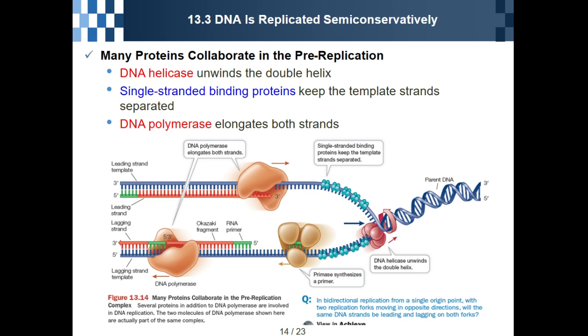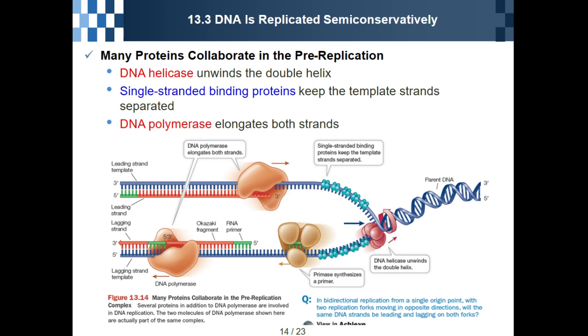So in the leading strand, after DNA polymerase 3 binds here, it synthesizes from 5' to 3' direction. How about in the lagging strand?